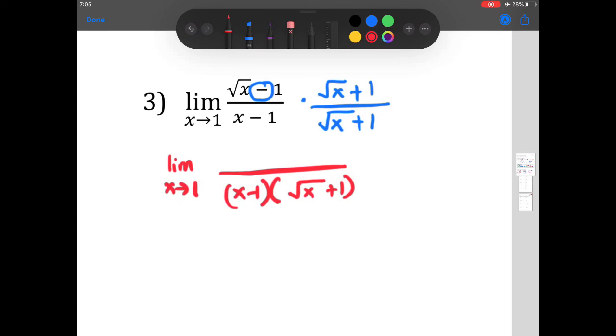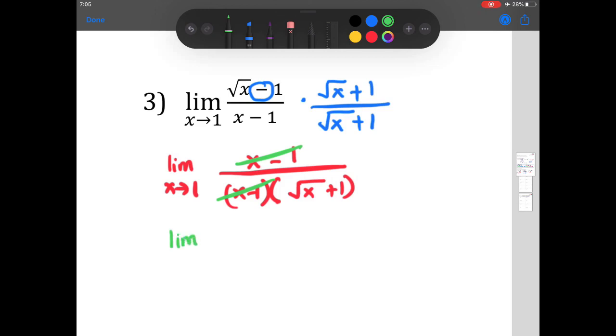In the numerator, what happens here? This is a difference of two squares, right? It's like a minus b times a plus b, which is a squared minus b squared. So it will be just x and 1 squared, which is 1. So what happens? x minus 1 cancels out with x minus 1, and what are we left with?